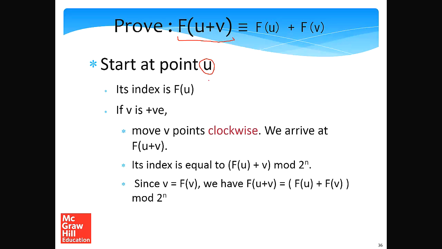So what do we do? We start at point u. Its index is fu. Let's first assume that v is positive. Then we move v points clockwise and we'll arrive at fu plus v. So its index will be equal to fu plus v mod 2 to the power n, and since v is equal to fv, we have this relationship, substituted by the equivalent.